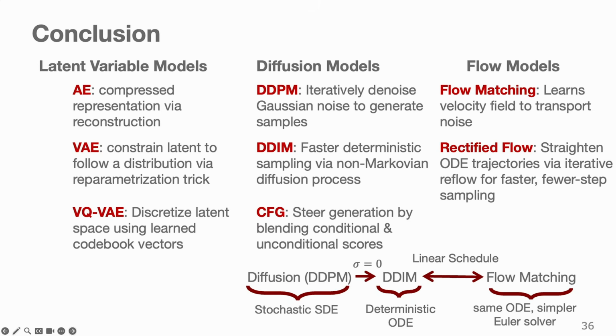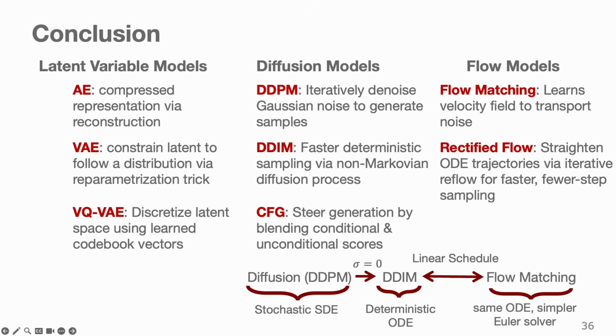All right, so to conclude, today we have covered 3 families of generative models, each answering a different question about how to represent complex data distributions. We started with latent variable models, so autoencoders that give us compressed representations via reconstruction. We then saw how to add more probabilistic latent spaces via reparameterization, and also with VQ-VAEs, how to discretize them into a learned codebook.